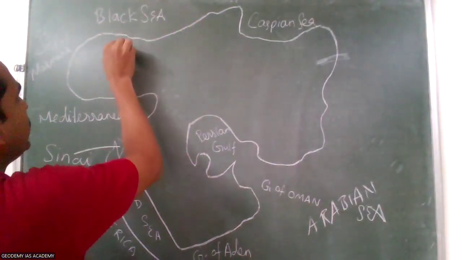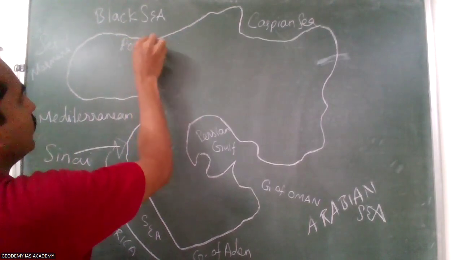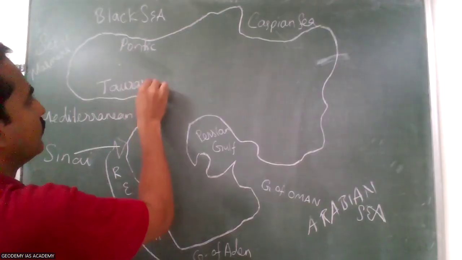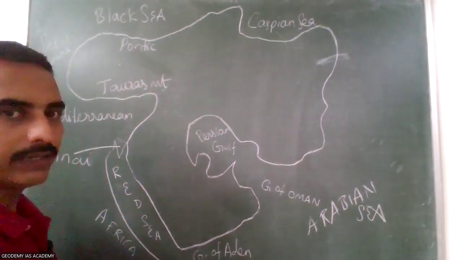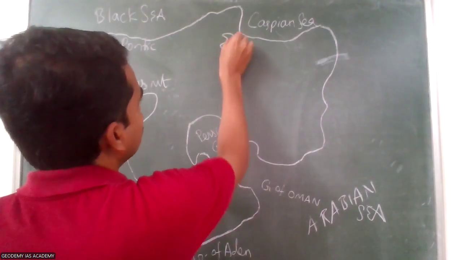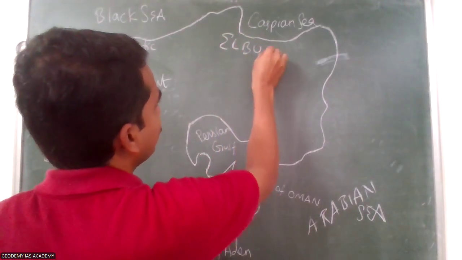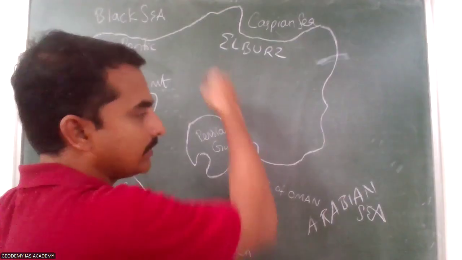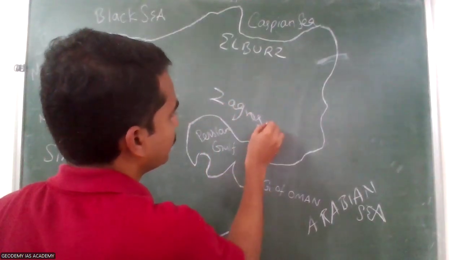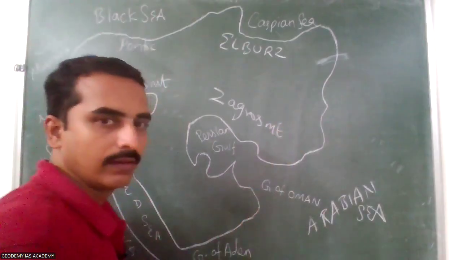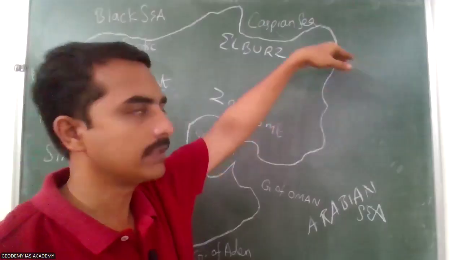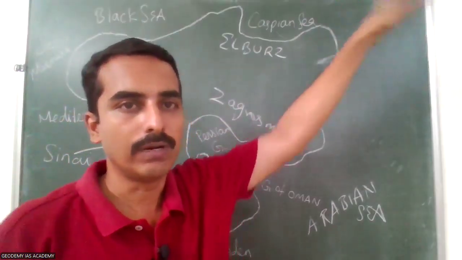So here the Pontic Mountain and Taurus Mountain. And here in Iran, Elburz Mountain, and in the southern part, Zagros Mountain. After the Elburz Mountain, it enters into Afghanistan, Pakistan, Hindu Kush, and then extends into Himalaya.